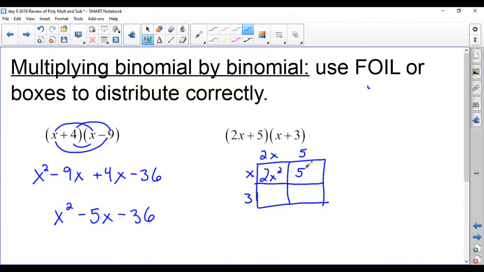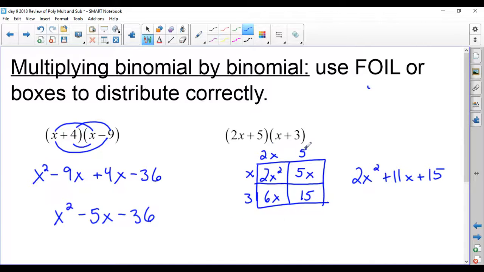X times 5 is 5x. 3 times 2x is 6x. 3 times 5 is 15. You multiply to get what's in the boxes, and then you're going to combine your like terms. When you combine your like terms, add the coefficients. I have a 2x squared and nothing to combine that with. 6x plus 5x is 11x, and then I have 15.